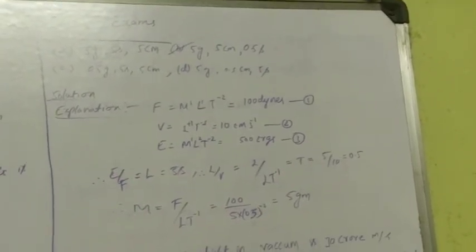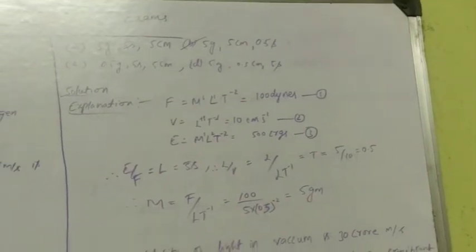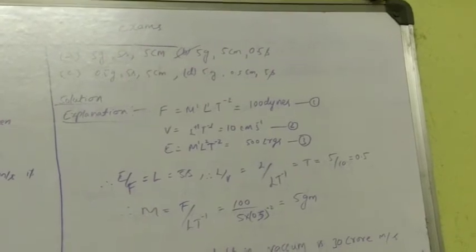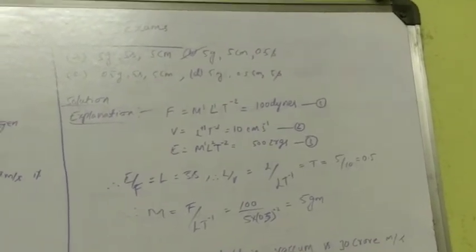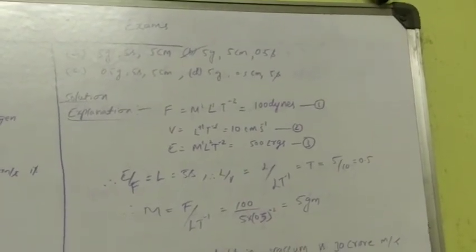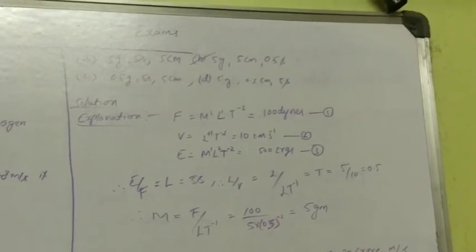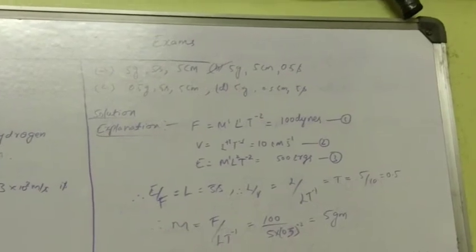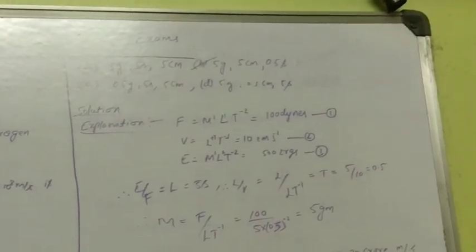So L is 5 seconds. L by V, V means L to the power of 1, T to the power of minus 1. M means F divided by V, T to the power of minus 1. 100 divided by 5 × 0.5, we got option B.